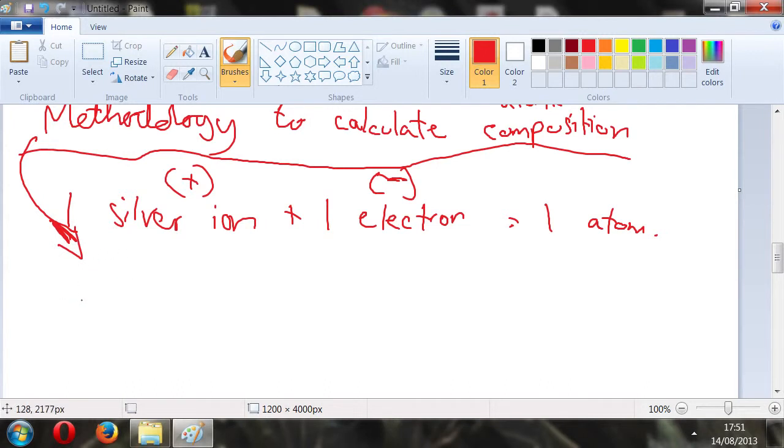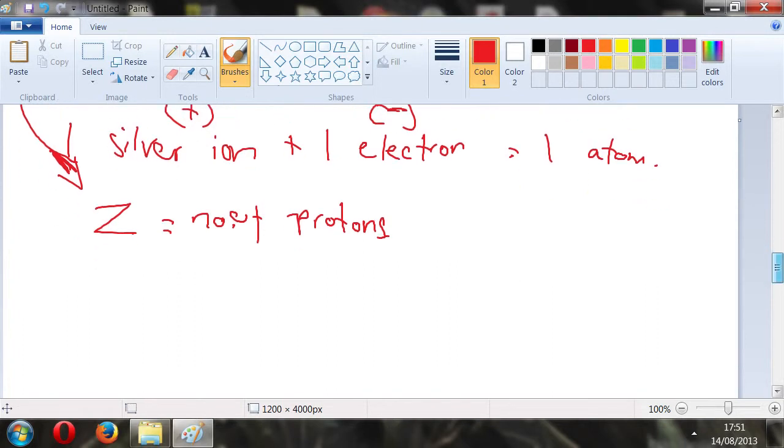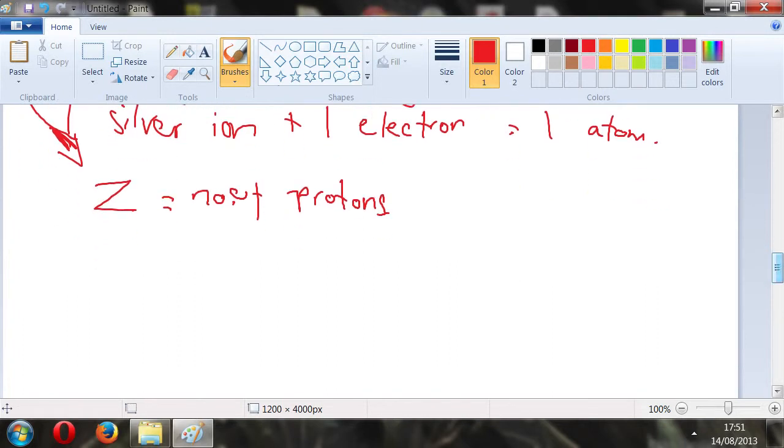We said the number of protons is Z, and Z is the atomic number. That's going to help us define what the elements are. Now we're going to find the number of neutrons.